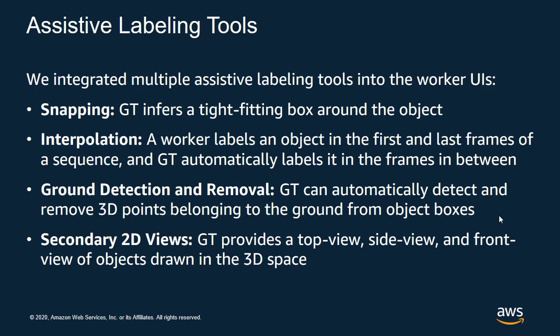And so you can see a top-down view of the points, you can see a side view of the points, and you can see a front view of the points that are associated with that object. And this essentially reduces the dimensionality and allows the labeler to then focus on that specific view and precisely draw the box around the points in that context.